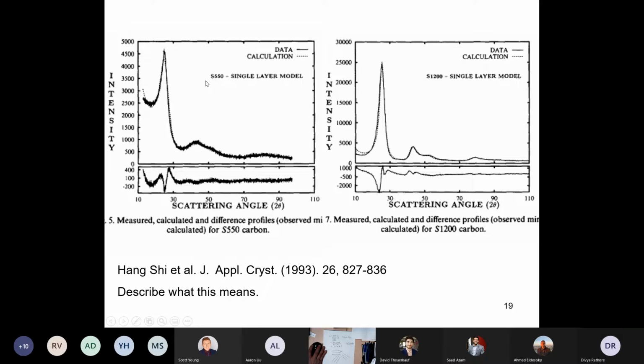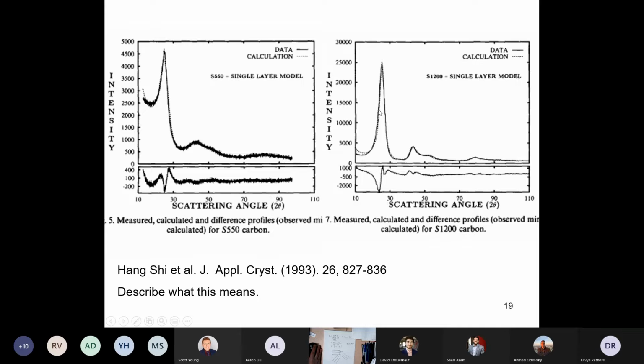So here we are with a soft carbon heated to 550 degrees C. The data is the black and the dash is the theory, so it fits pretty well. So you see this broad peak from the parallel alignment of graphene sheets, and then you see some other bumps and wiggles. These come about from the in-plane structure of the carbon, all right? And they're broad because the lateral extent of the graphene sheets is very small. If you heat to 1200 degrees C, you can see how much sharper now the first peak is.